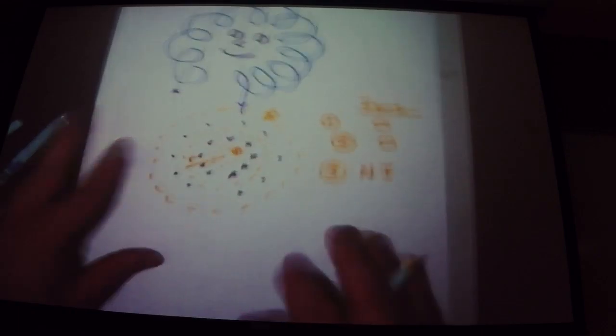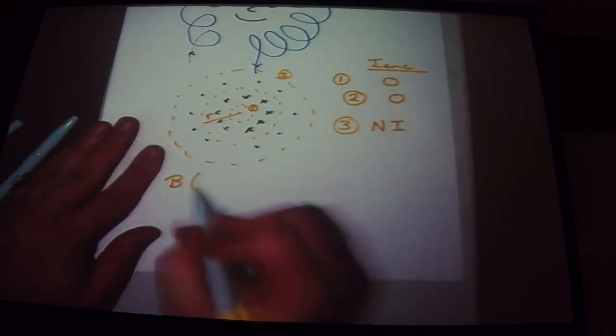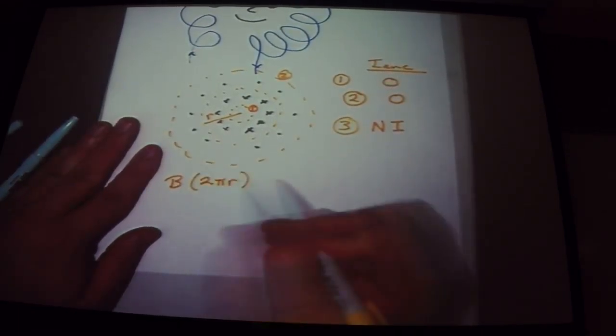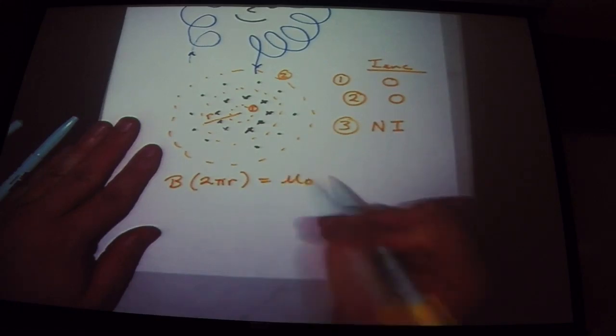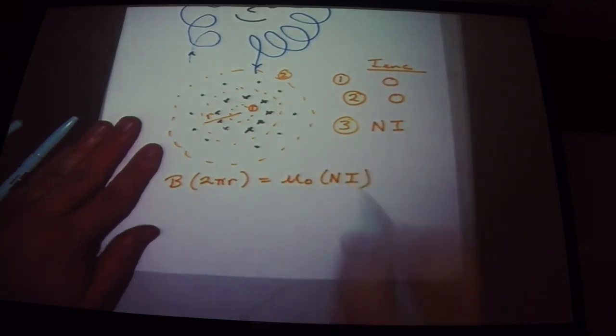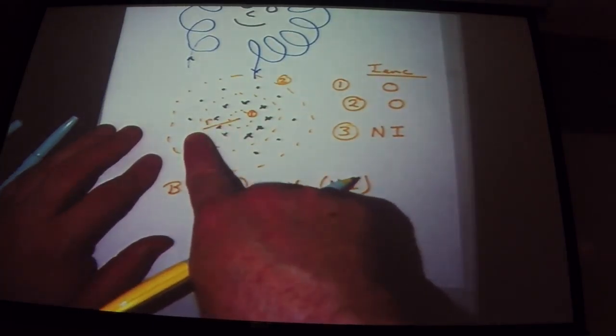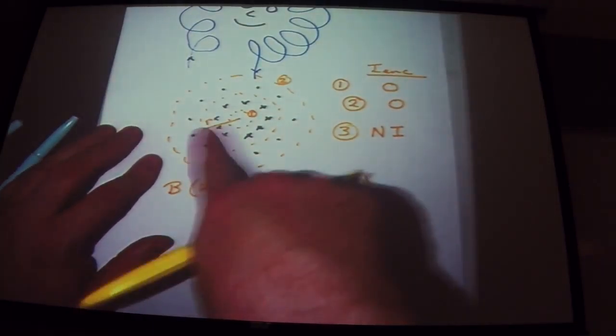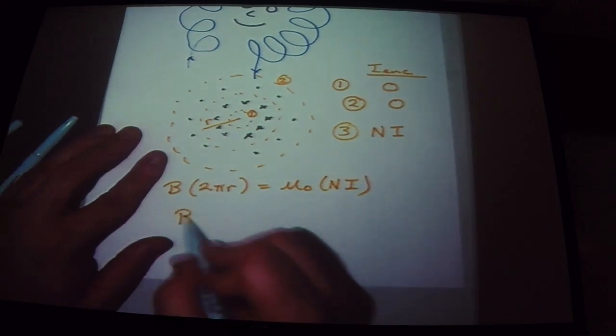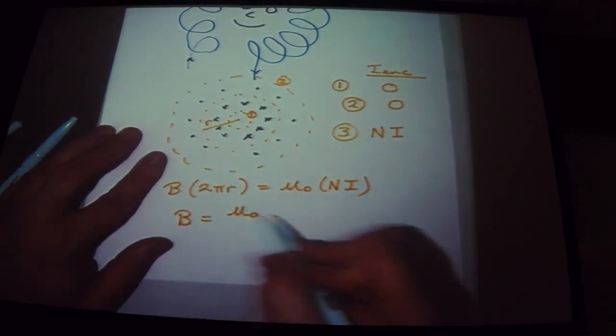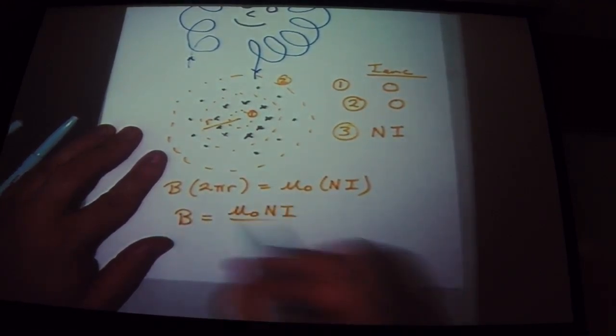So B multiplied by 2 pi r is equal to mu naught multiplied by N I. What you get in the region of the toroid itself, between those currents, is that the magnetic field is mu naught N I divided by 2 pi r.